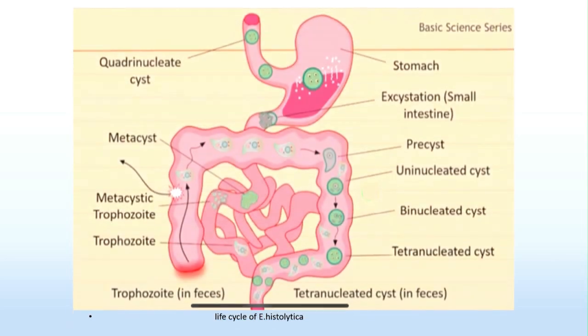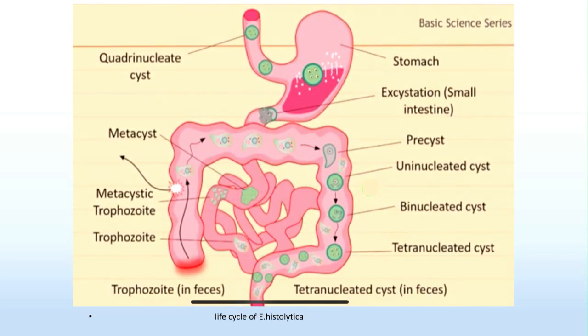Let's move to the life cycle of Entamoeba histolytica. As I mentioned before, the life cycle has two forms. The infection starts with the ingestion of the cyst, the infective stage, with contaminated food and water.